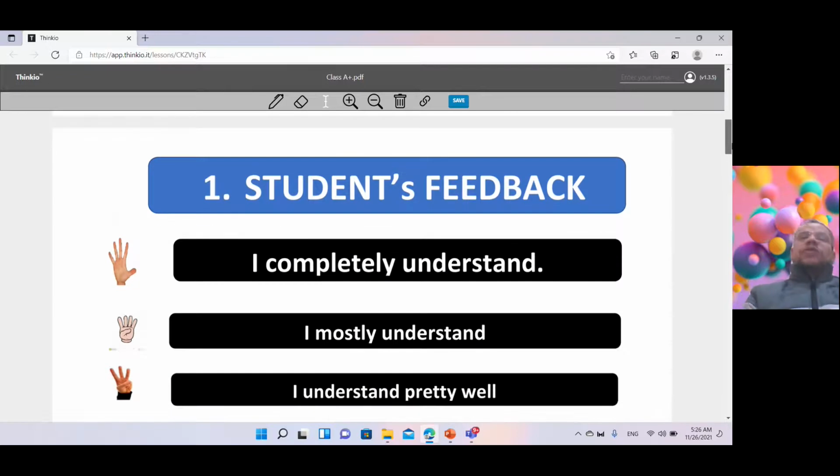What about students' feedback? If you finish your class or you finish, as a teacher, one aspect of a lesson, for example objective 1, and you want to get your students' feedback, what to do? This way is important and amazing.